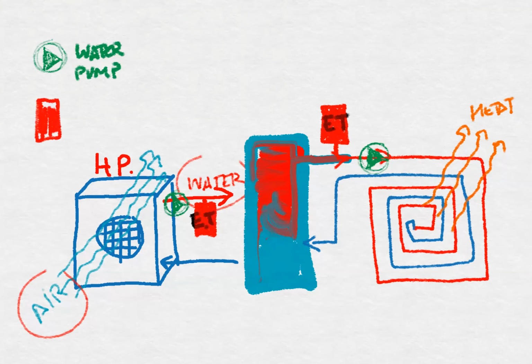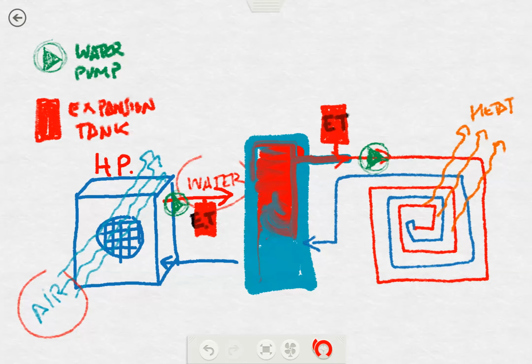Okay, so we have this air to water heat pump. Then we need the buffer tank. And why do we need the buffer tank? Well, because we need to store energy. Okay, so these kind of heat pumps, if they start and they stop continuously, this is harmful for the heat pump.